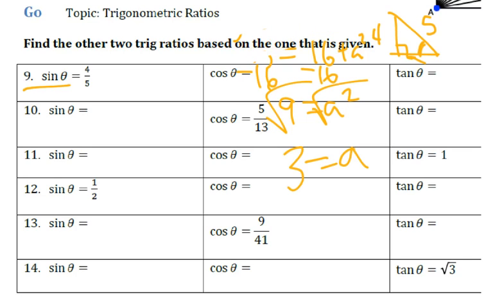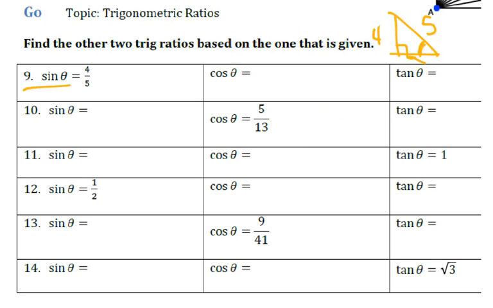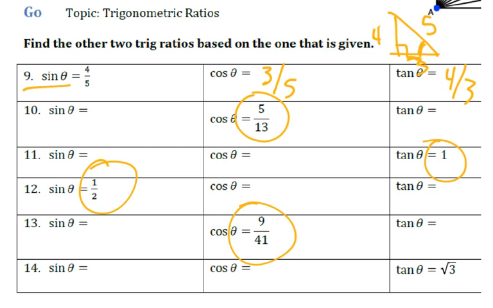So that would tell you the three sides of your triangle, which then, cosine would be the adjacent, 3 over 5. Tangent, opposite over adjacent, 4 over 3. So do the rest. With these, you're given one piece. Use that to try to figure out the rest. So, make a triangle, put what you know, and figure out what you don't, using the Pythagorean Theorem.